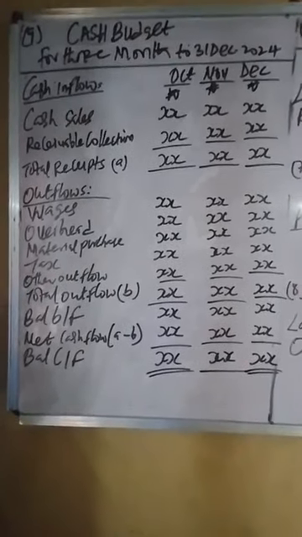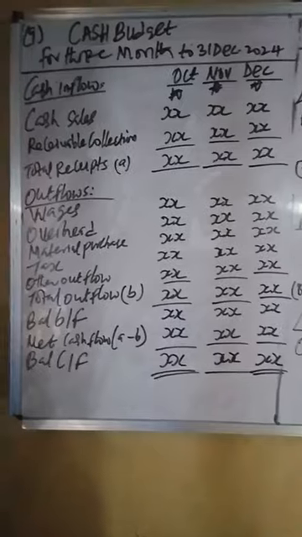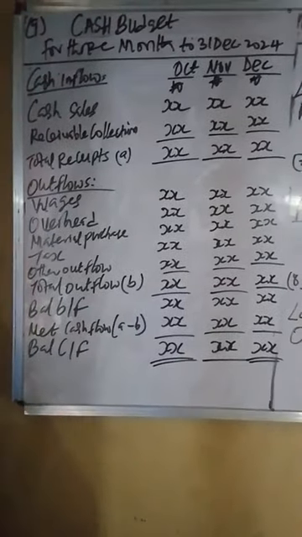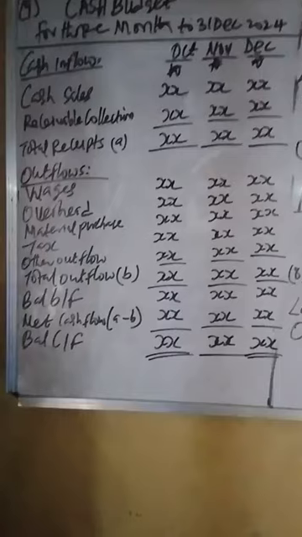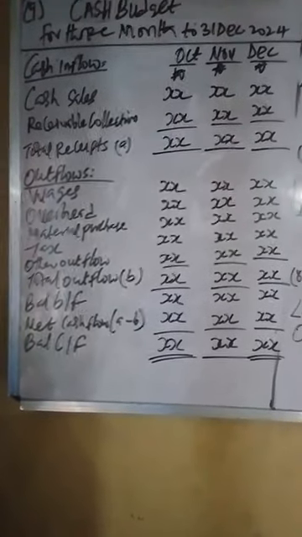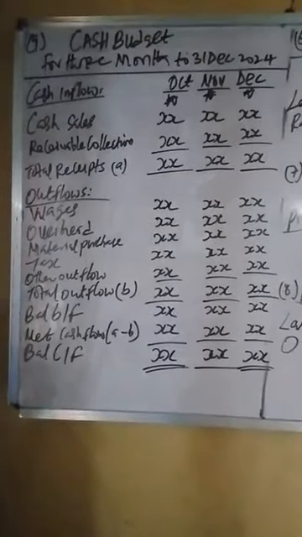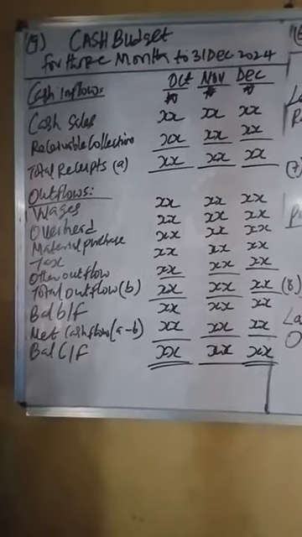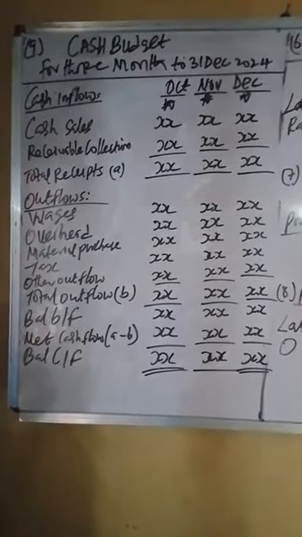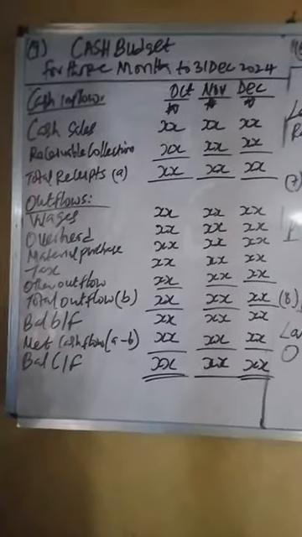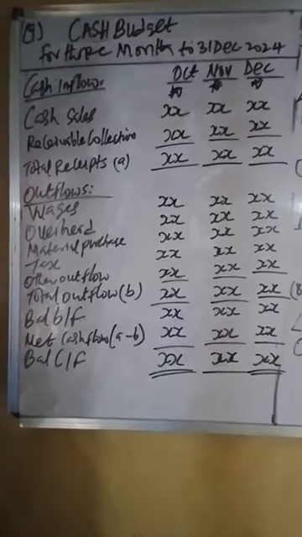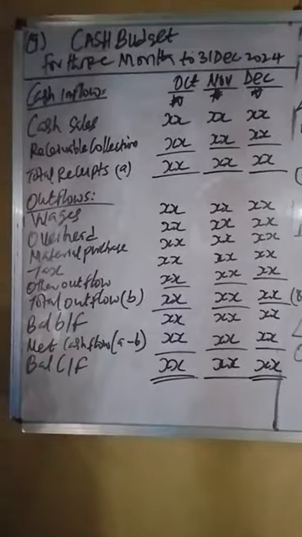Bring them together. If you have a loan, you also add the loan to it. Then we have total receipts. Now, outflows include wages paid, overhead paid, material purchases paid, taxes paid, and other outflows like repayments of loan or interest. All of these are classified as outflow.